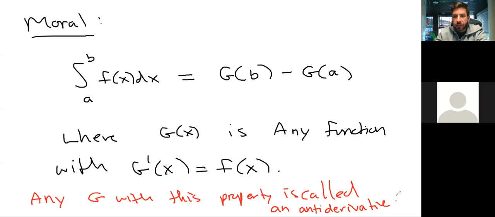Okay, so before we summarize all this and state it officially, let's look at whether this checks with our previous knowledge.